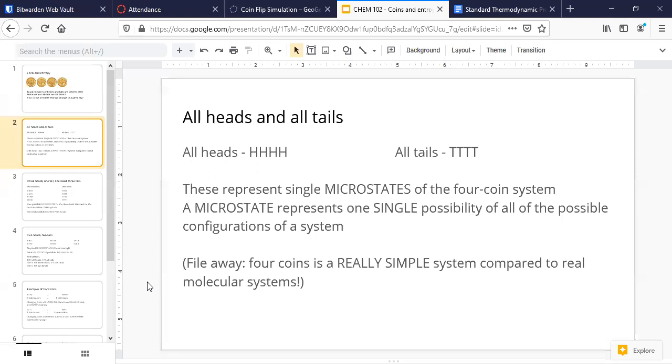So this coin system is just a model. It's a really simple model. We're going to emphasize a little bit just how simple of a model it is. Now then, what's the difference between the state of a system and a microstate of a system? Everybody good?